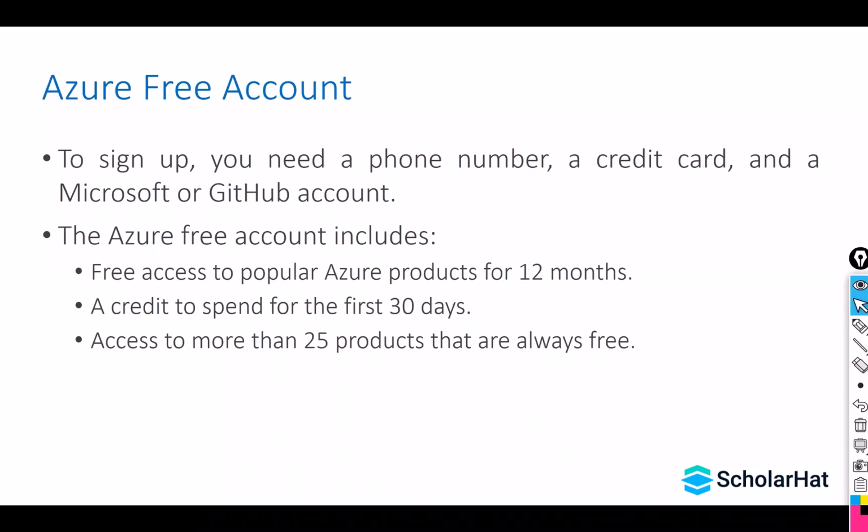For 30 days they will give you a credit. There you can try all the Azure services. So for 30 days you will have a credit that you can spend to try all the Microsoft Azure services. But after the 30 days you have access to only 25 products that will be available to you for 12 months.